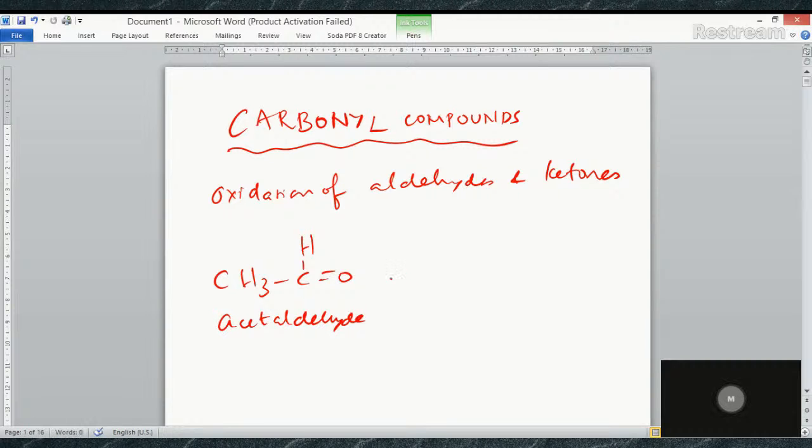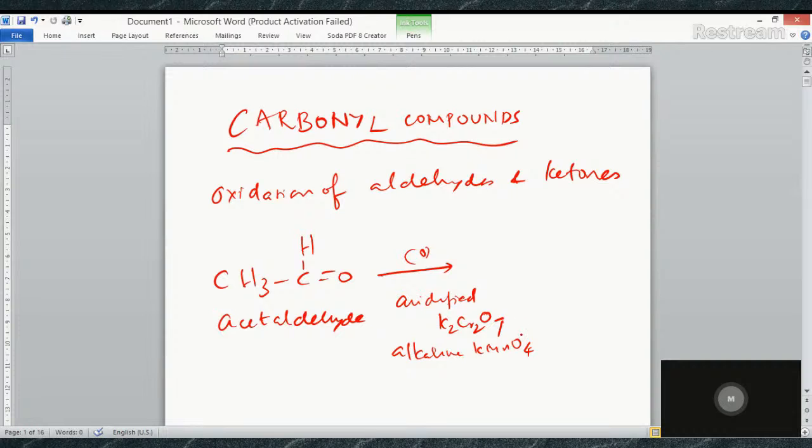When the acetaldehyde is oxidized by using the common oxidizing agents, either we can use acidified potassium dichromate, K2Cr2O7, or alkaline potassium permanganate, or chromic oxide.